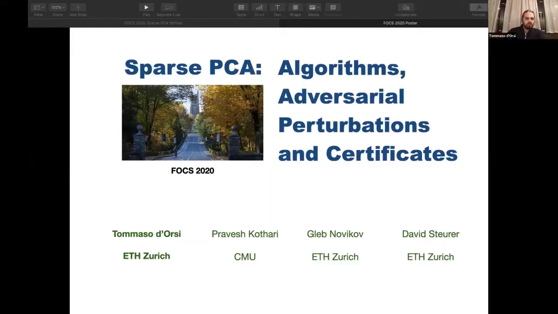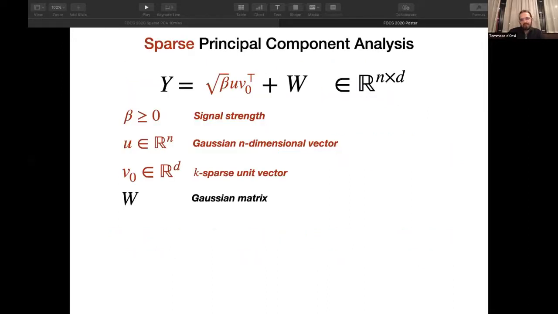Thanks for the introduction. So here we talk about sparse PCA algorithms, adversarial perturbations, and certificates. As you said, this is joint work with Pravesh Kothari, Gleb Novikov, and David Steurer. Let me start by briefly recalling what sparse PCA is. We have n samples in d dimensions in some matrix Y, and these are noisy samples, where W is a Gaussian matrix.